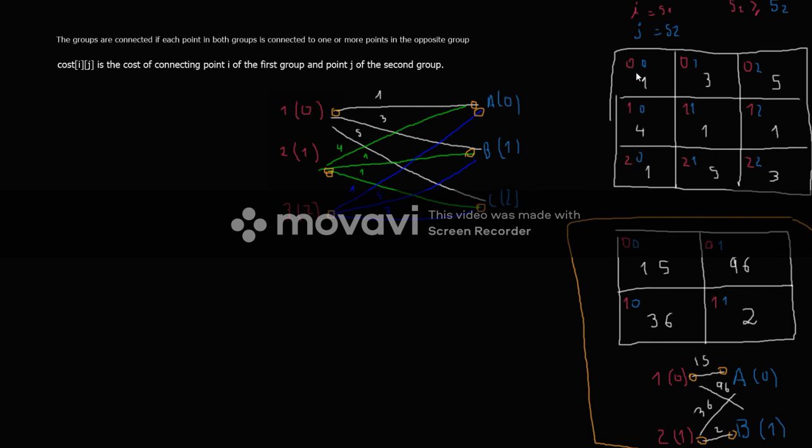So we still have 2 groups, the pink group and the blue group, and what we have here is a connection between all the groups, okay? 0 0 cost 1, it is here. 0 1 cost 3, it is here. 0 2 cost 5, here. 1 0, 1 and 0. 1 1, 1 and 1, it is worth 1. 1 2, 1 and 2 was 0.